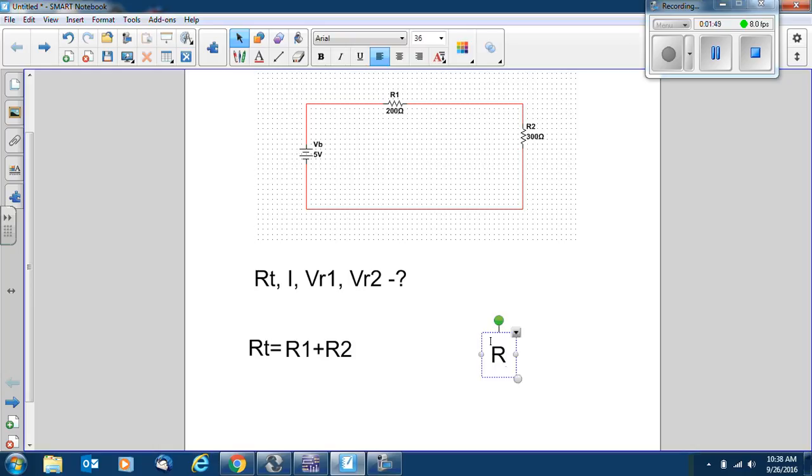So my R total is going to be 200 plus 300 ohms. So this is just 500 ohms.